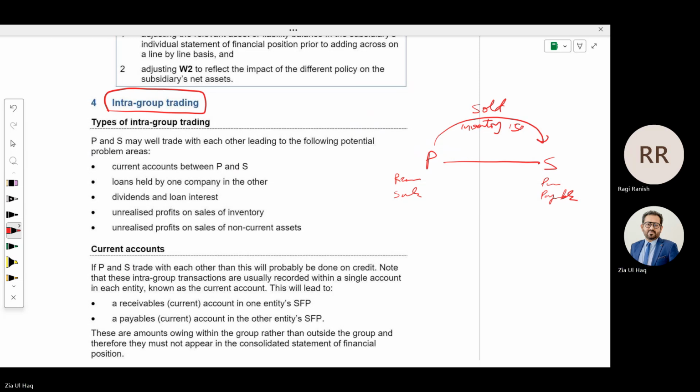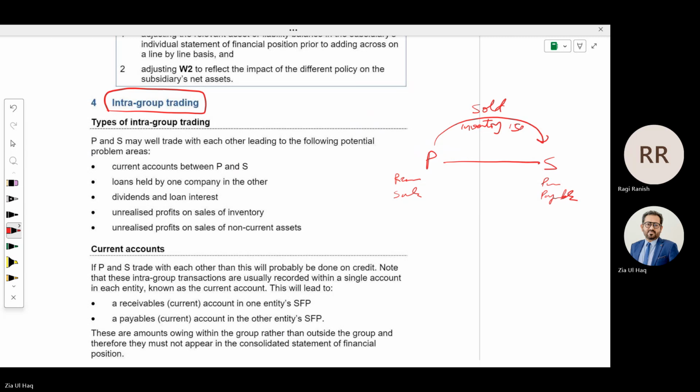Payables means payable to outside the company, not within your own. So in case of intergroup transactions, we need to eliminate any receivables and payables relating to intergroup transactions. Can you understand this? What's next?